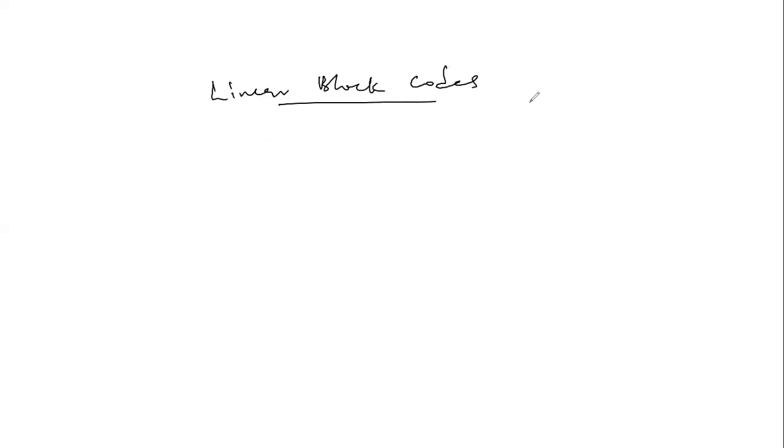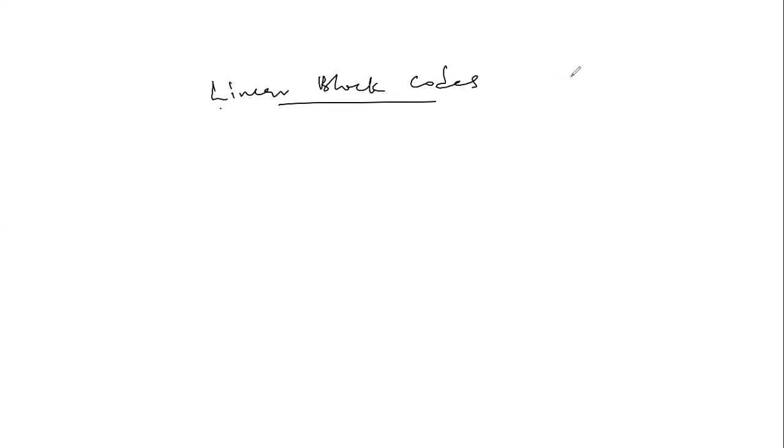So the first thing that comes to mind is, why is it linear? Why linear? Well, we'll deal with the word linear. We already made mention of that when we talked about Galois fields.